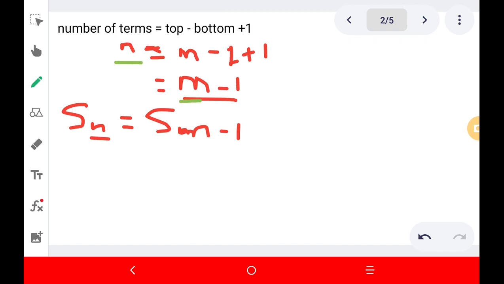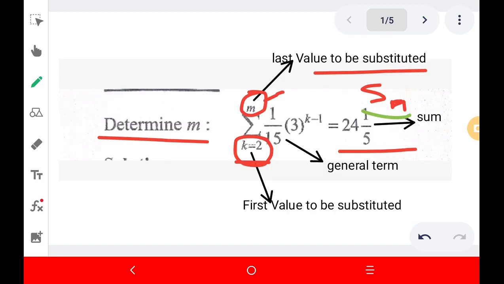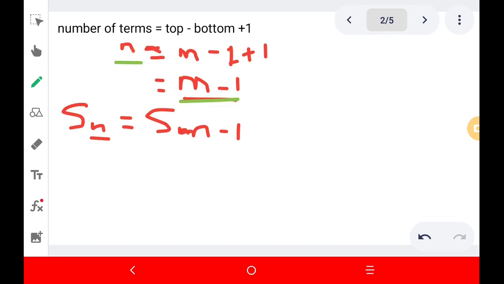Instead of n, I decided to put m minus 1 because it's exactly the same thing. Now, our Sn is given, which means S of m minus 1 is also given, which is 24 1/5 as a mixed fraction. This is our first step, getting the number of terms.